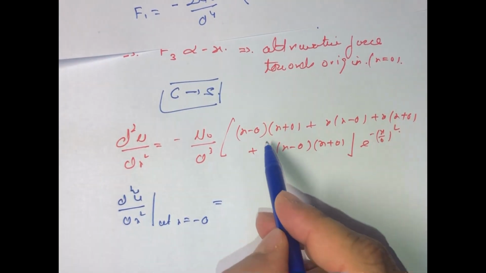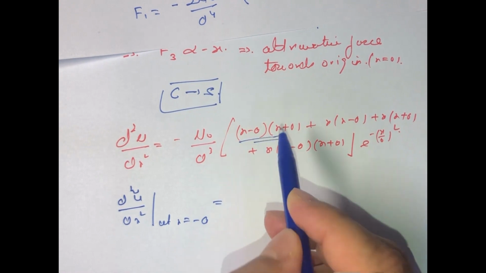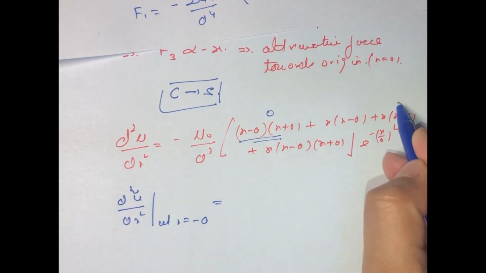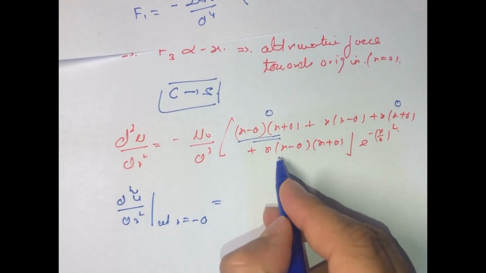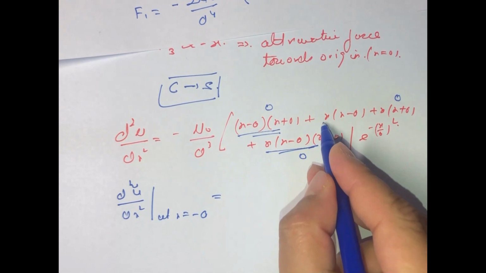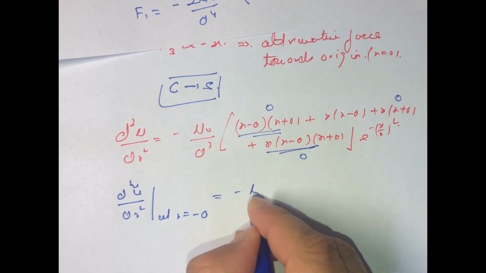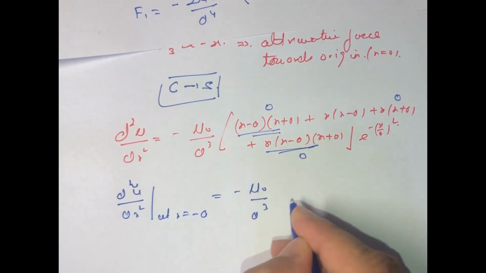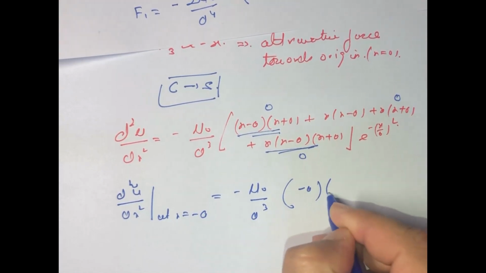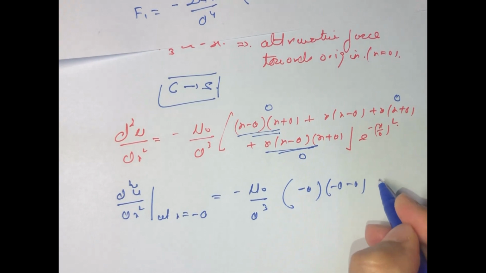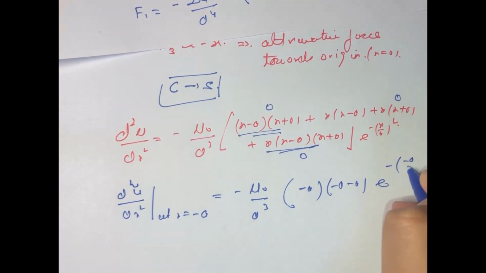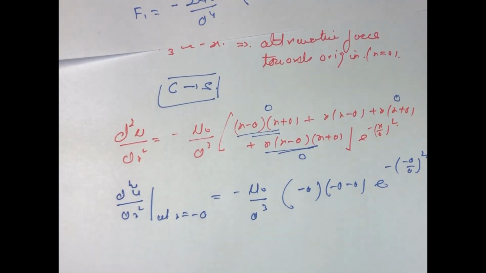We can say that this term will be equal to 0, and we have this term also equal to 0, as well as this term also equal to 0. So this will be minus u naught upon a cube, and we have minus of a, minus a, and minus a, and this is e raised to power minus of a divided by a whole square.